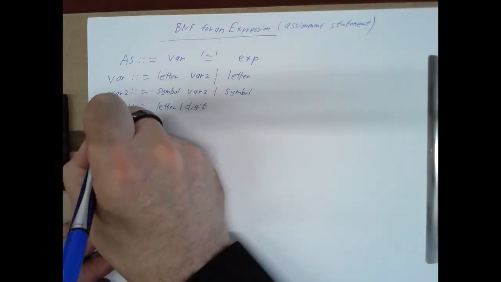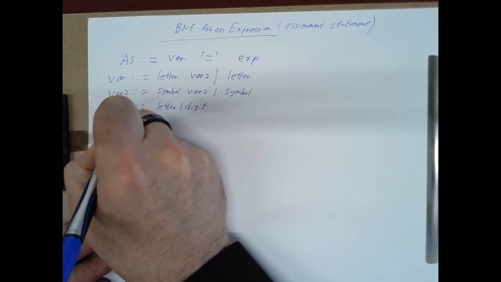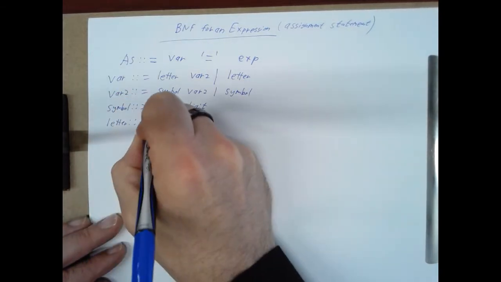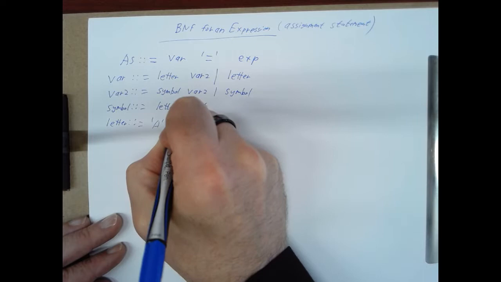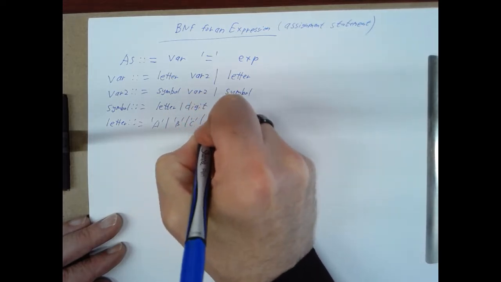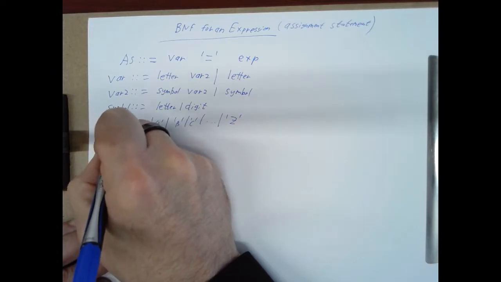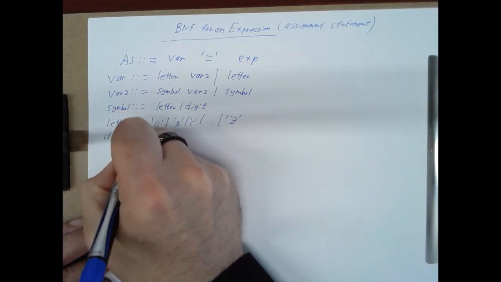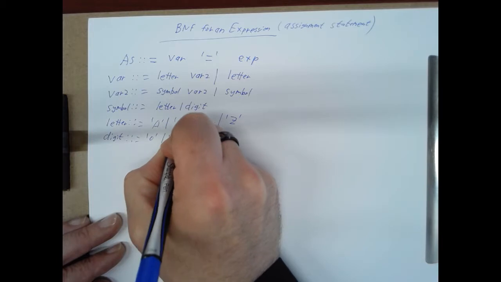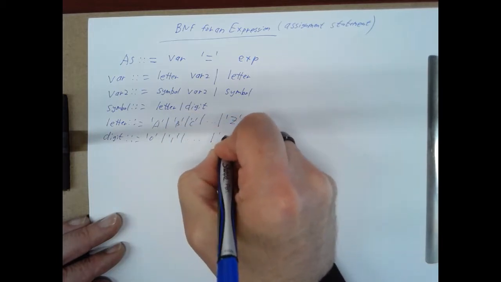And a letter is an A or a B or a C or a Z, and a digit is a 0 or a 1 or a 9.